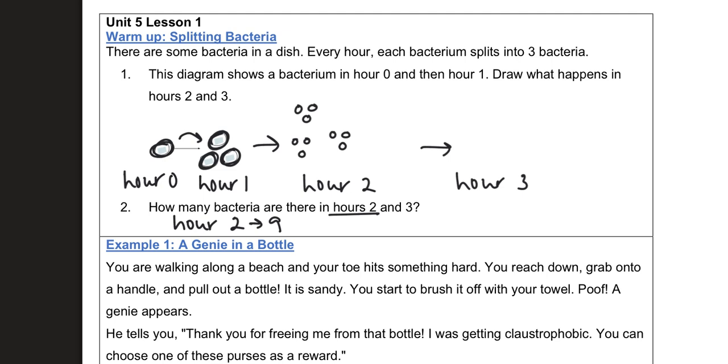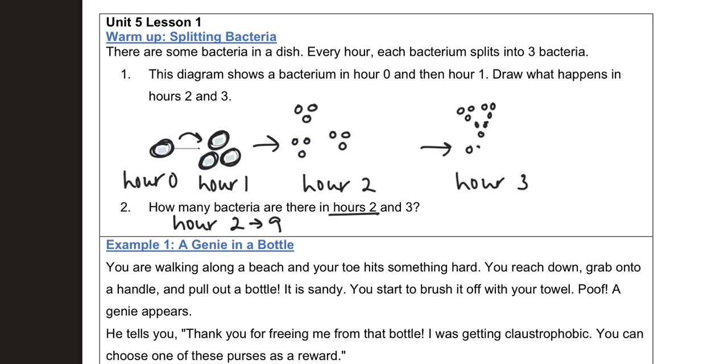And then same thing going into hour 3. Each one is going to split into 3. So this individual one up here is going to be 3. This one up here is going to be 3. And the bottom one there is going to be 3. So all 9 of these came from this one group of 3. So we're going to get 9 more from here and 9 more from here.